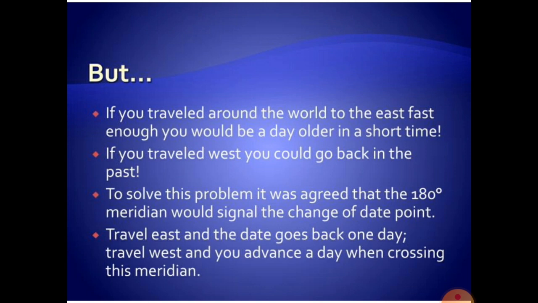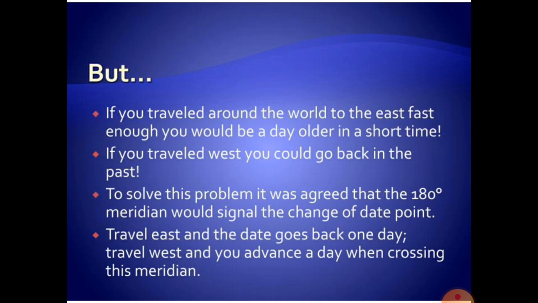But if you traveled around the world to the east fast enough, you would be a day older in a short time. What will happen? Your day calculated will be lesser. And if you have traveled towards the west, you could go back in the past, meaning a day before. To solve this problem, it was agreed that the 180 degree meridian would signal the change of date point.